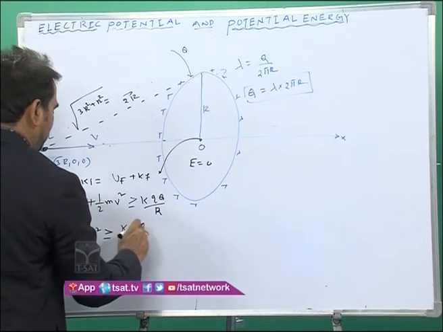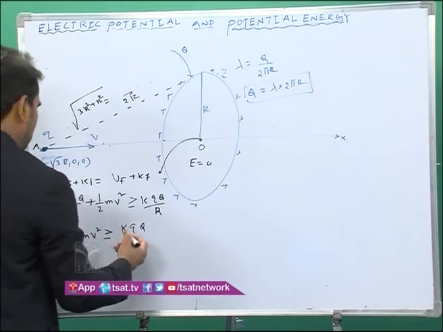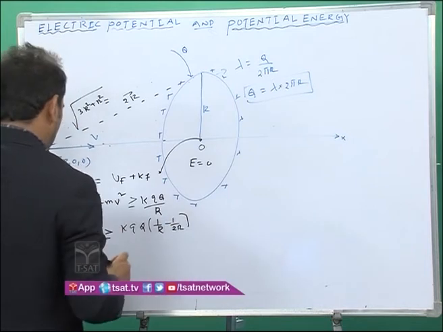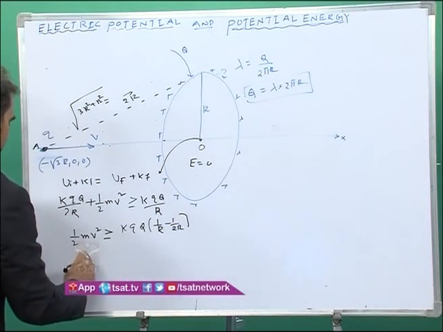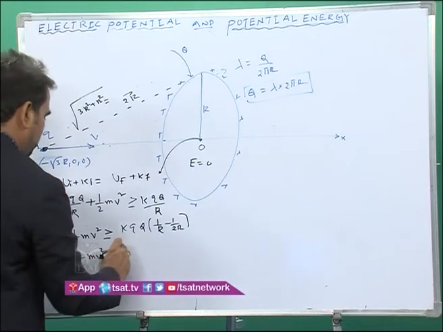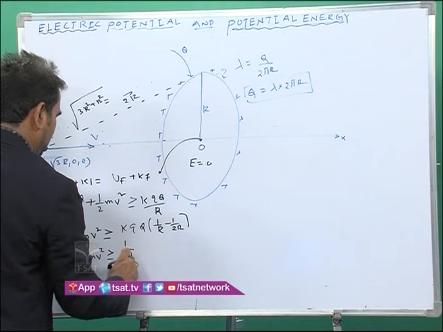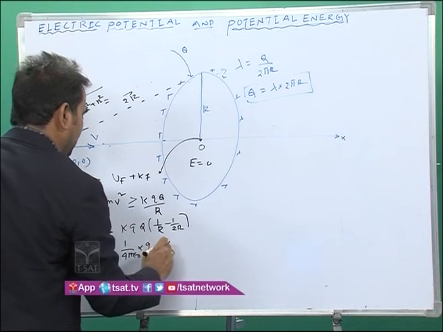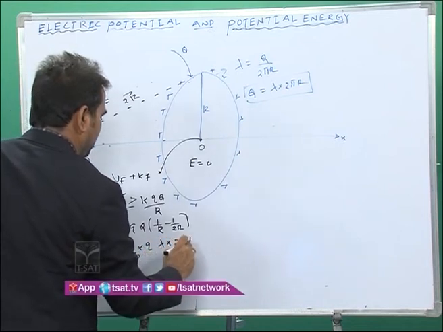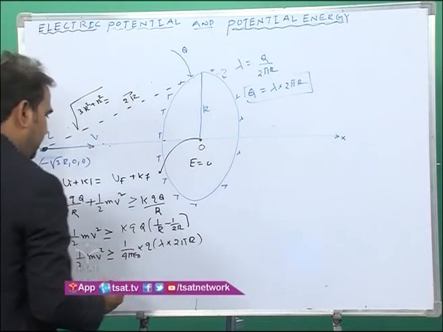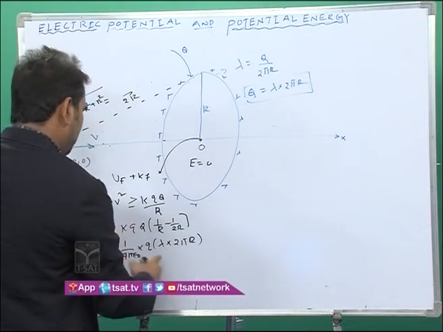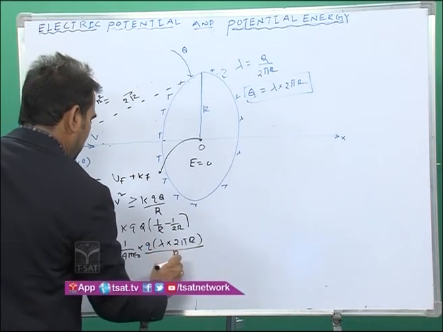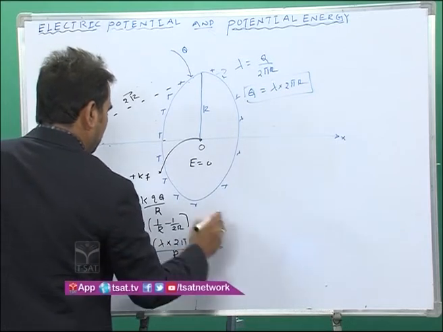k Q into q. You should take common from these two terms. Therefore, the remaining term is 1 by r minus 1 by 2r. So, half m v squared is greater than or equal to k, whose value is 1 by 4 pi epsilon naught, into q, this capital Q value is lambda into 2 pi r, upon r into 1 minus 1 by 2, which is nothing but 1 by 2.